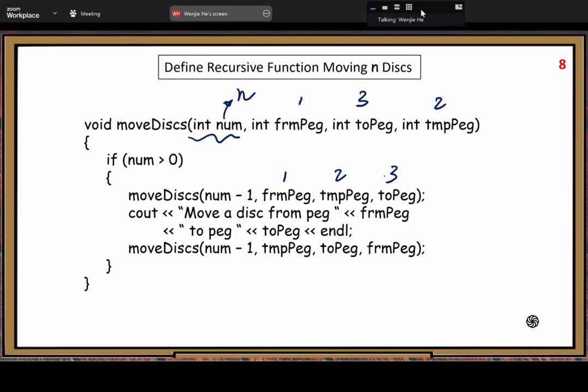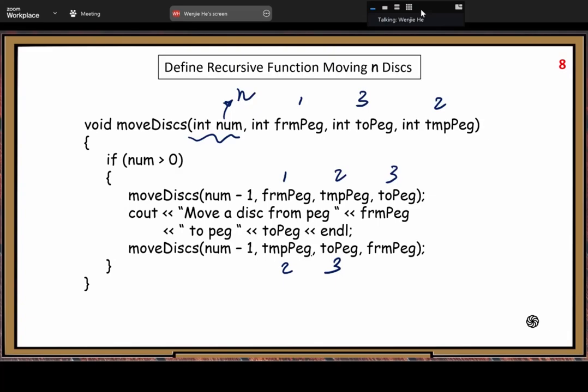At the end, you apply another P of n minus 1, but you need to arrange the 3 pegs differently. The temporary peg number 2 becomes the starting location of your n minus 1 disks. Then the destination is your real destination, 3.